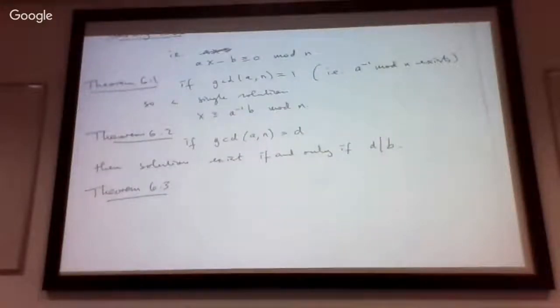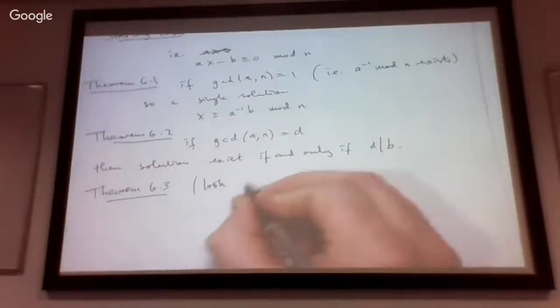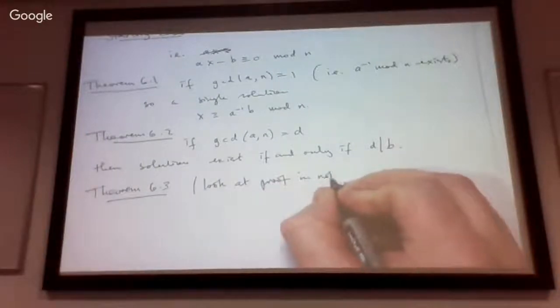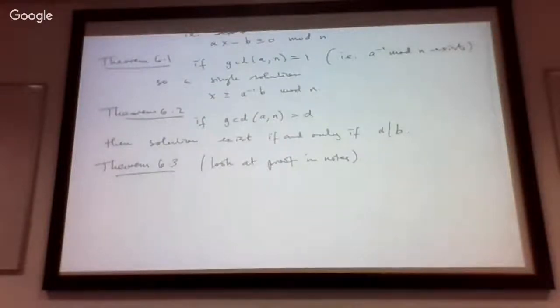This is in the notes. I think I'll talk to the proof as it appears in the notes rather than writing it out as we go along. So we'll look at the proof in the notes now. I might come back here and make a few remarks as we go.